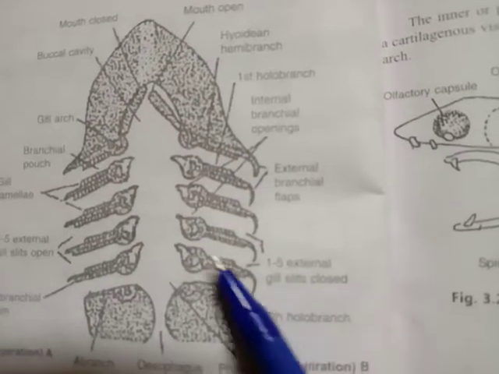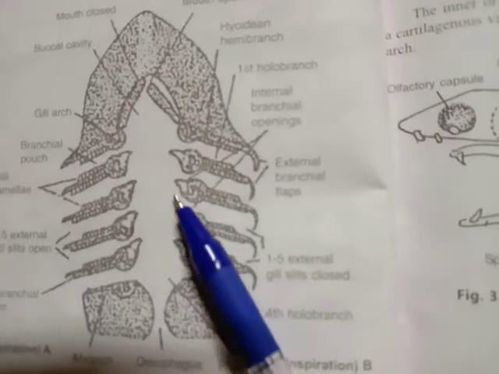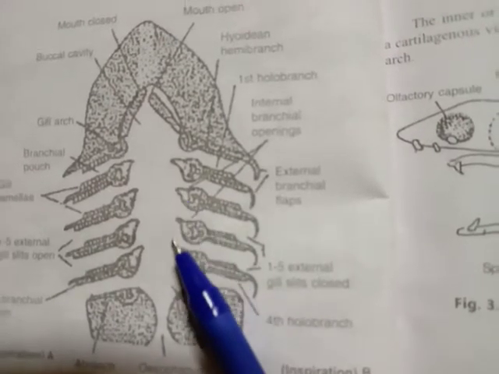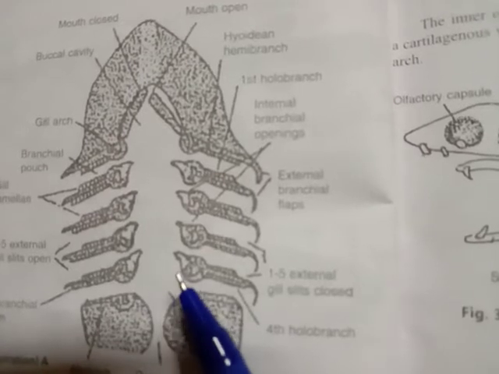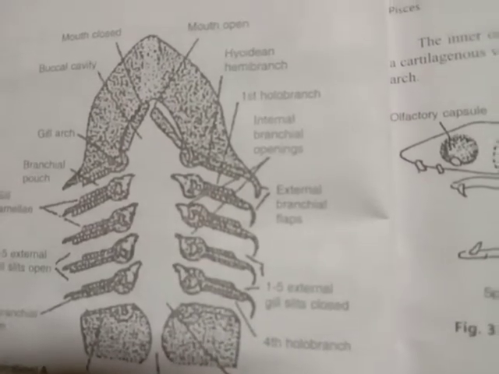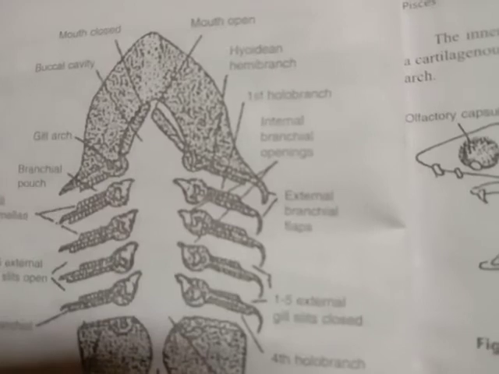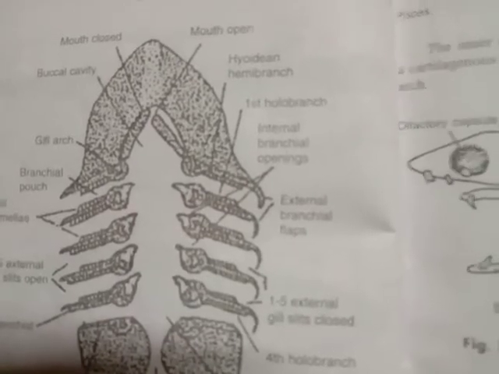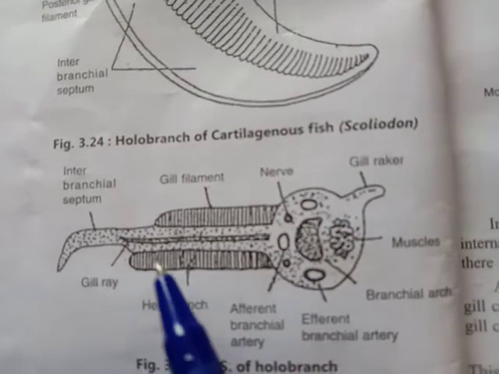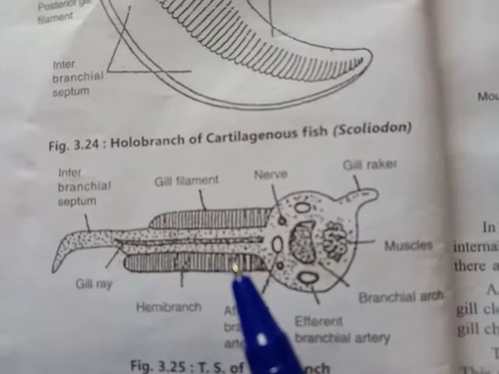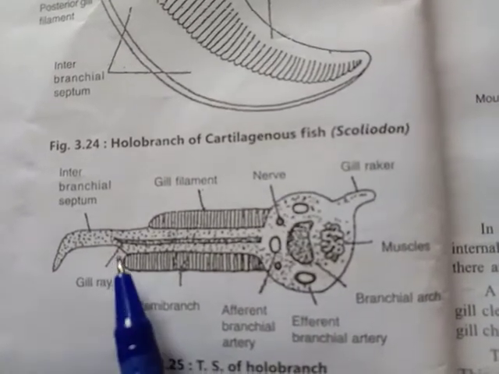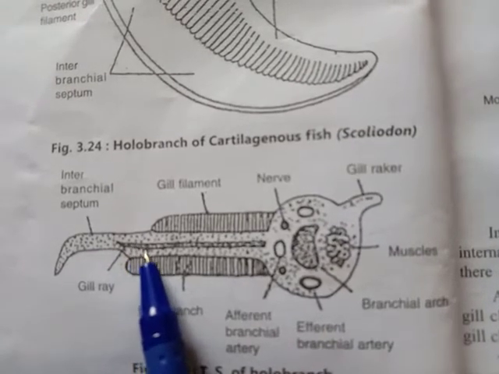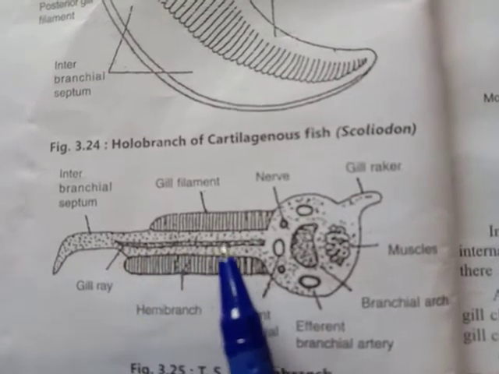The inner or pharyngeal border of the gill septum is supported by the gill arch or branchial arch. This arch has branchial rays or gill rays. So you see this at the center.